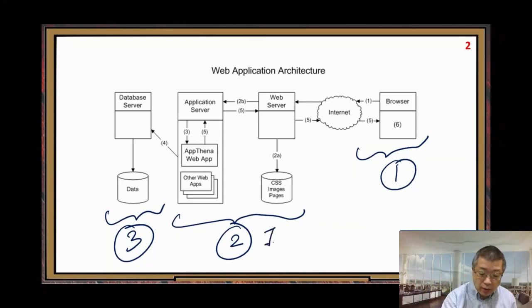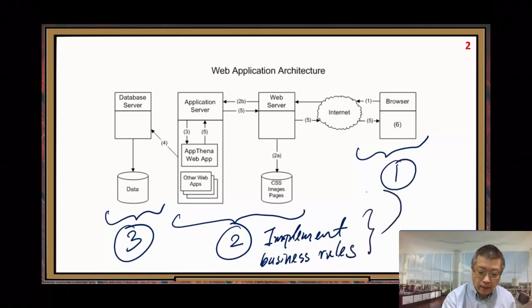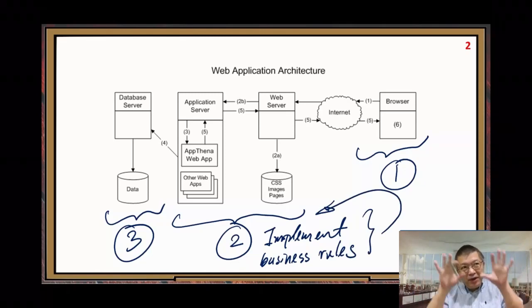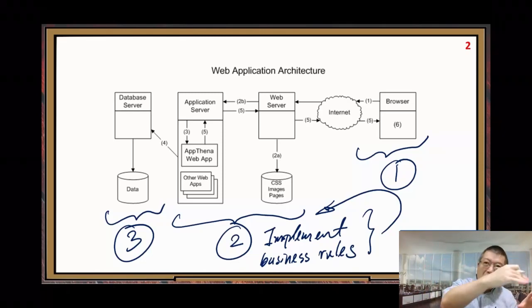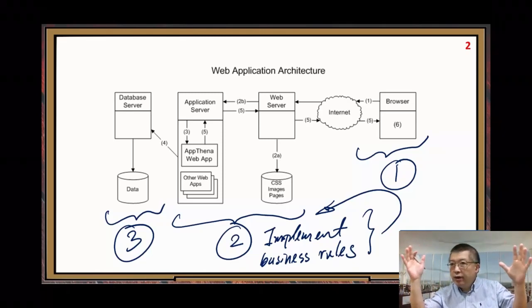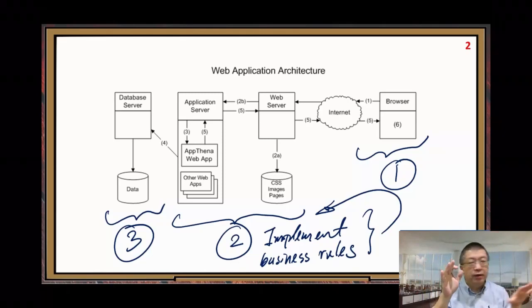So we implement business rules in this tier. All right. But here, let me give you the communication details between client and server, going through request and response in a whole communication cycle.